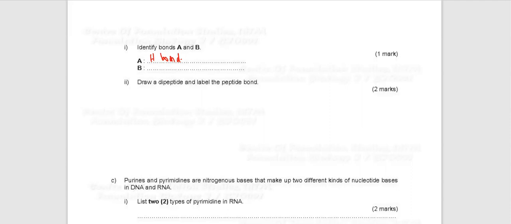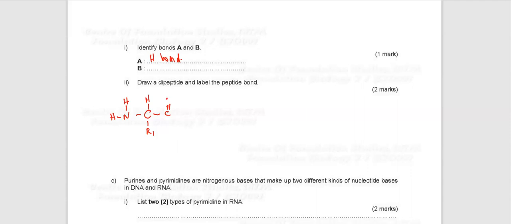Basically, an amino acid consists of a carbon, which is bonded to a hydrogen atom, and then the carbon is bonded to an amino group, so nitrogen, hydrogen, hydrogen, and then the carbon here has the side chain. You can simply write R1, for example, the side chain of the first amino acid, and then the carbon is bonded to a carboxyl group.